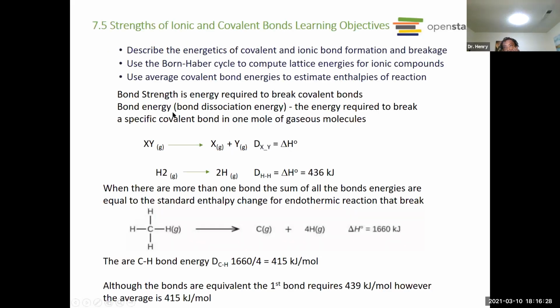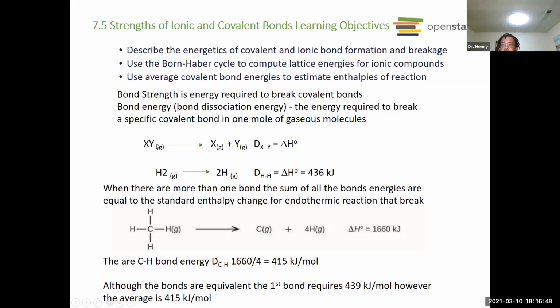Okay. So the next thing that we're going to talk about is the strength of ionic and covalent bonds. Here you're going to basically be learning about the energy that's involved in forming and breaking bonds. We're going to start with the covalent part.